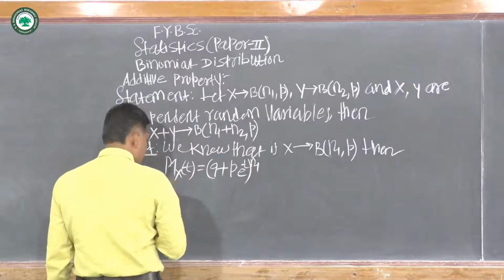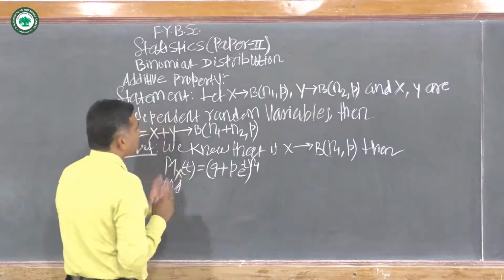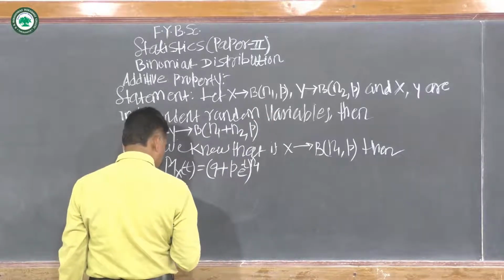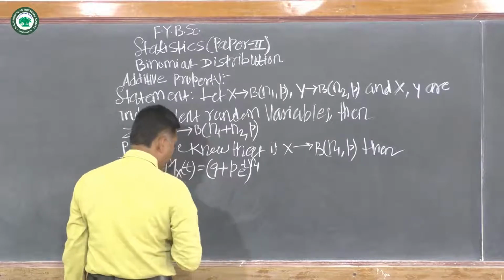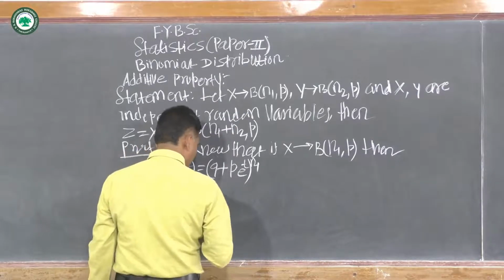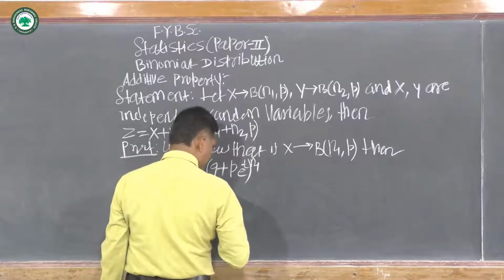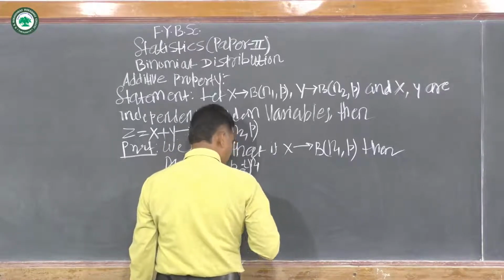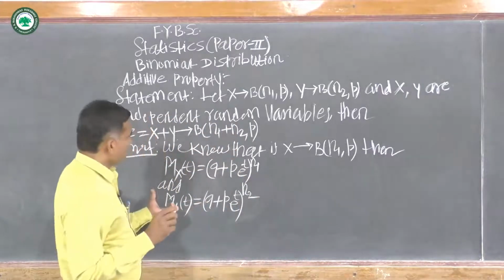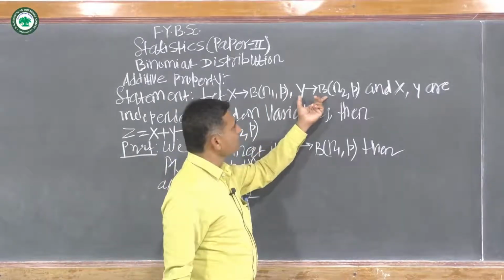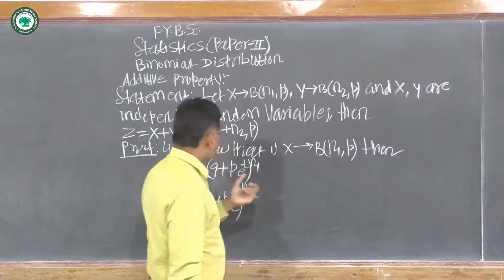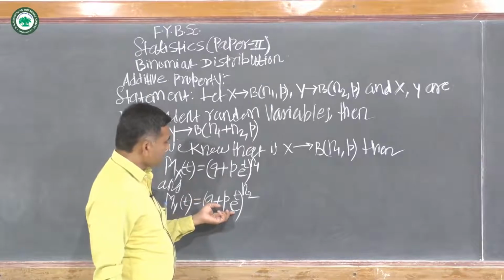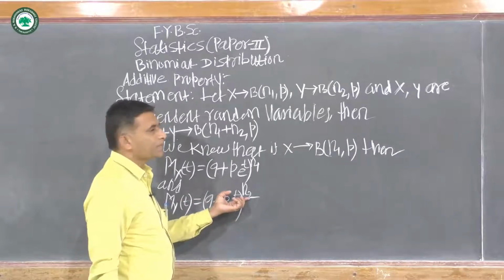And the MGF of random variable Y is (q plus p e raised to t) raised to n2, if Y follows binomial distribution with parameters n2 and p.